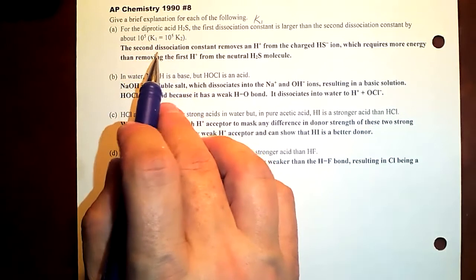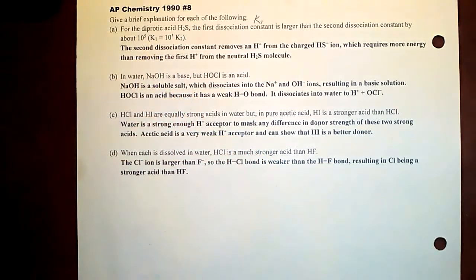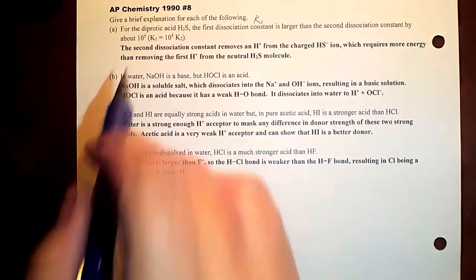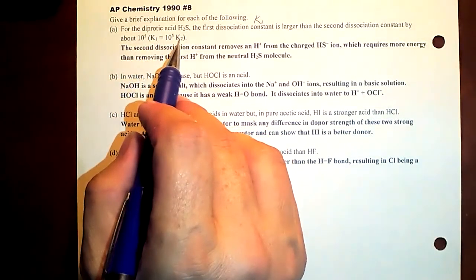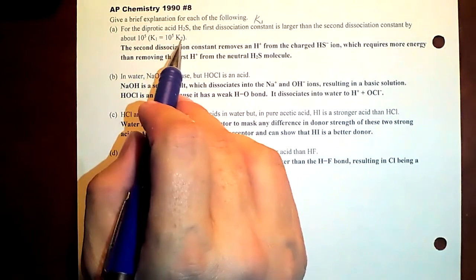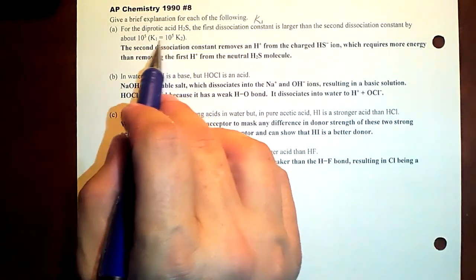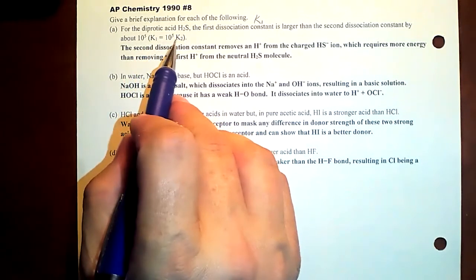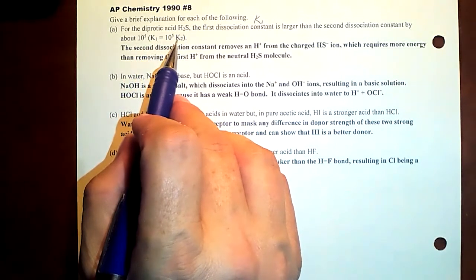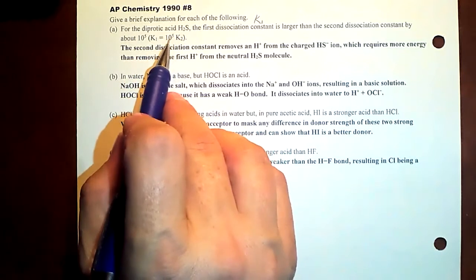So does that mean it's a better acid or a worse acid? K1 is much, much greater than K2, right? You have to multiply K2 by 10,000 to reach K1. So it's tempting sometimes to get this backward and say, oh, this is bigger. No, it's not. You have to multiply this value by 10,000 to reach that one.